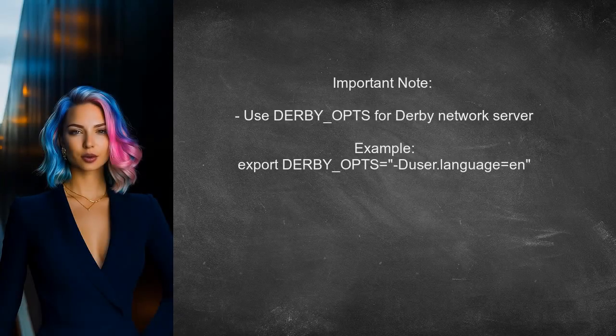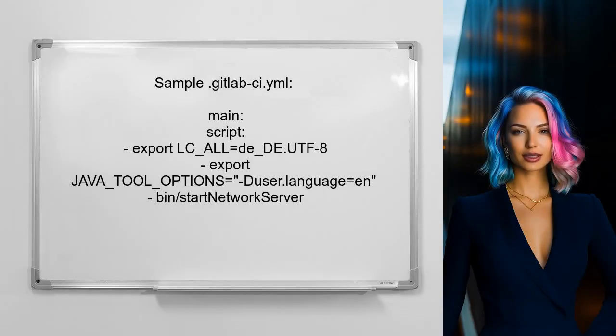The user also notes that for starting the Derby network server, you can't directly pass -Duser.language=en. Instead, you can check the start network server script for the Derby ops variable, which might also work. Finally, they provide a sample .gitlab-ci.yml configuration that demonstrates how to set these environment variables and run the Derby server, ensuring English error messages.